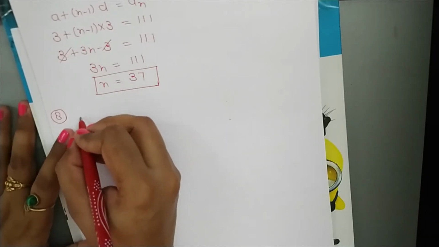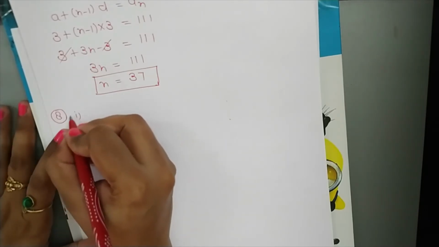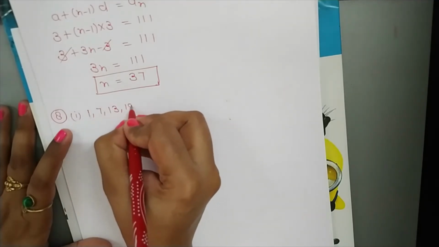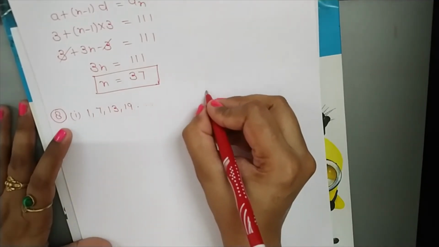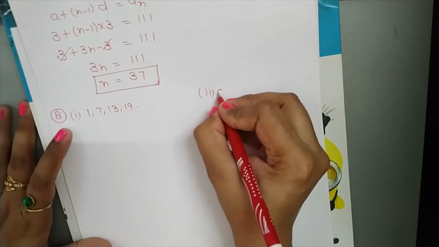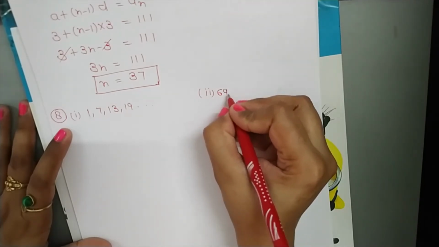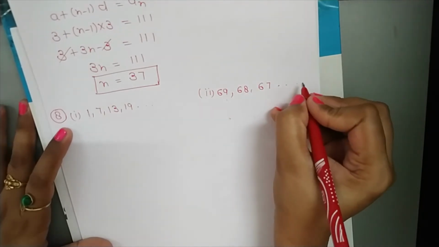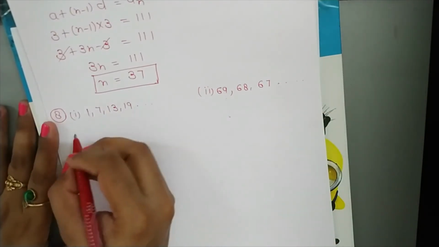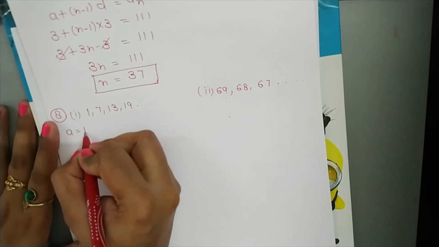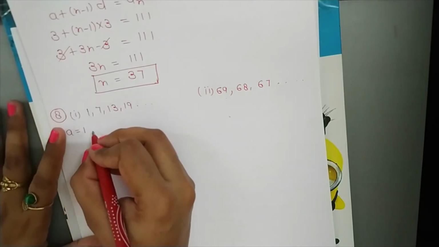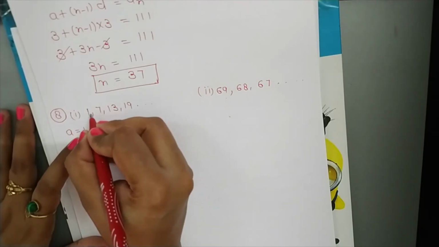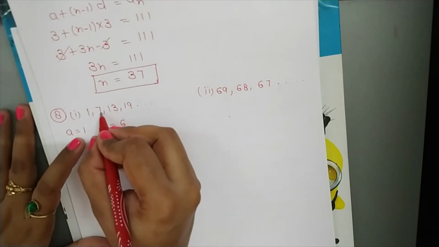Okay, so the sequences are given. The first sequence is 1, 7, 13, 19 and so on, and the second sequence is 69, 68, 67 and so on. You can see that here the first term is 1 and the common difference is 6. 7 minus 1 is 6, 13 minus 7 is 6.